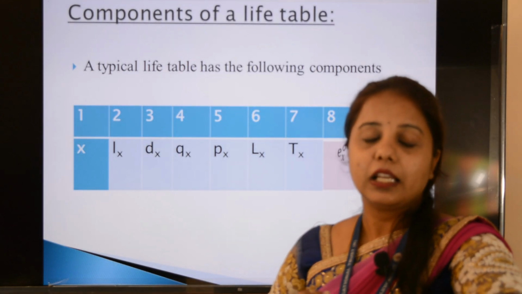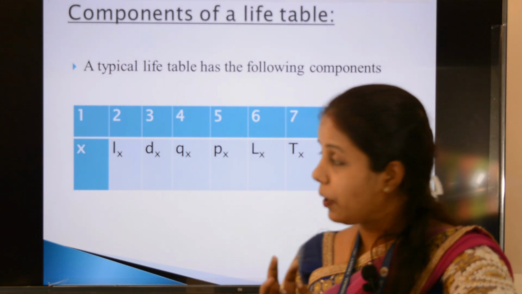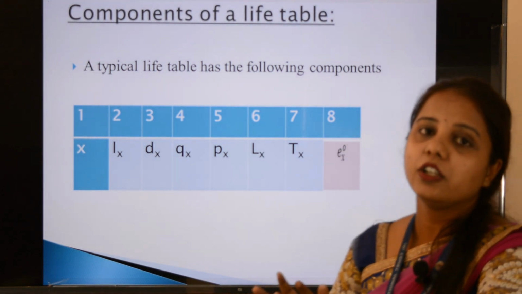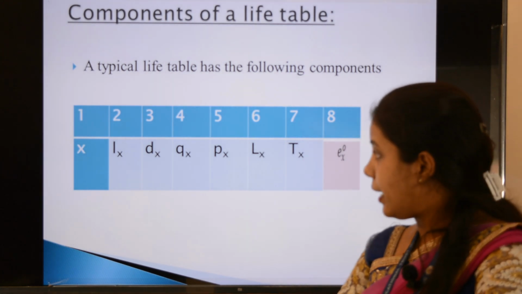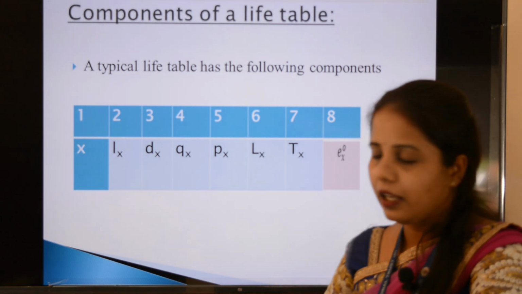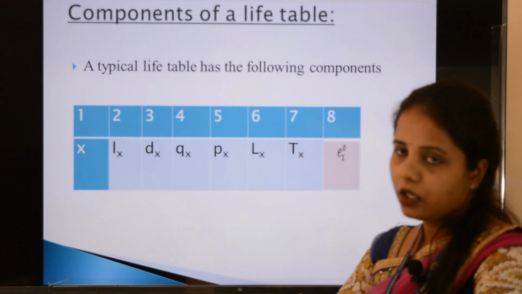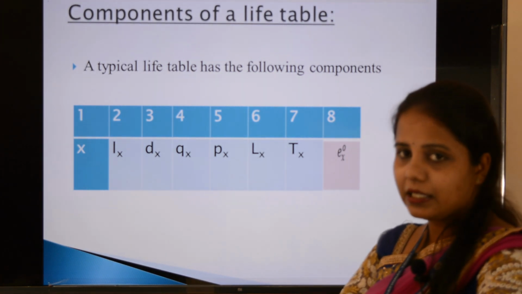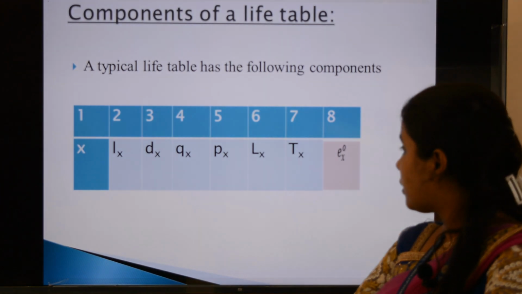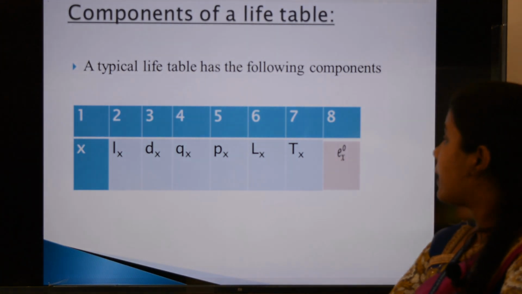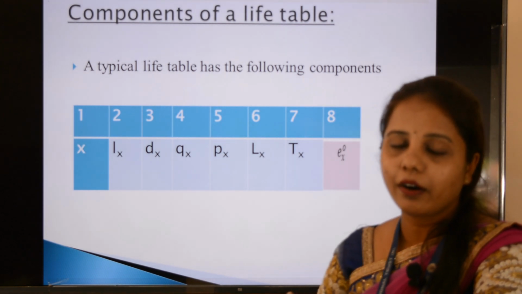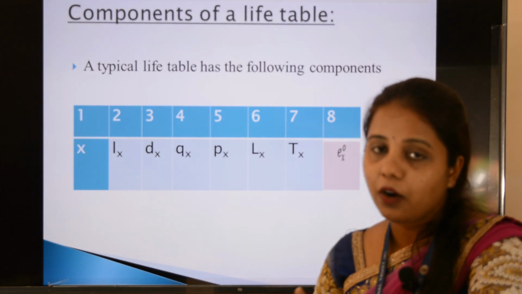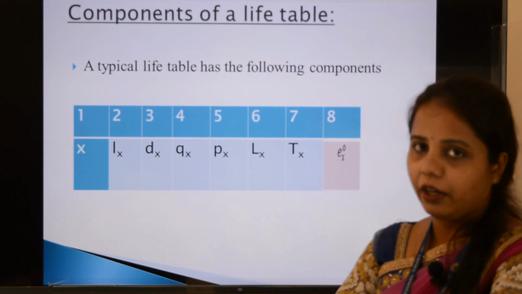Now this life table has 8 important components. They are x, lx, that is small letter l, x, dx, qx, px, Lx, Tx, and e0x. So these are the 8 components of life table. Now I'll explain one by one.